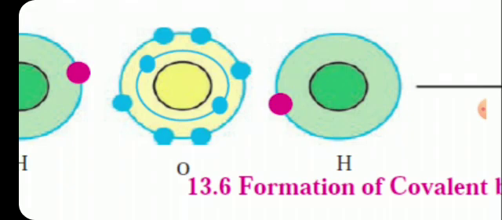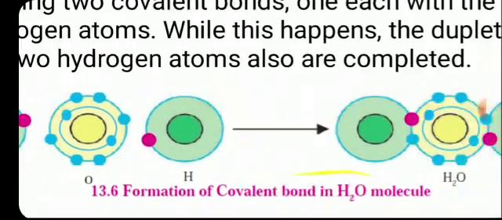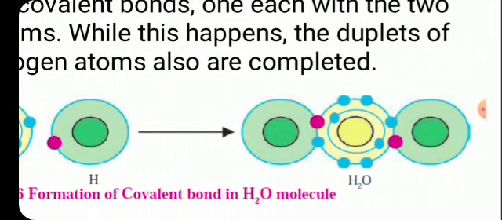Oxygen has atomic number 8. It has electronic configuration 2, 6. There are 6 electrons in the outermost orbit of oxygen atom, and it is short of 2 electrons in order to complete its octet state. So, in formation of water molecule, oxygen shares 1 electron each with 1 hydrogen atom.